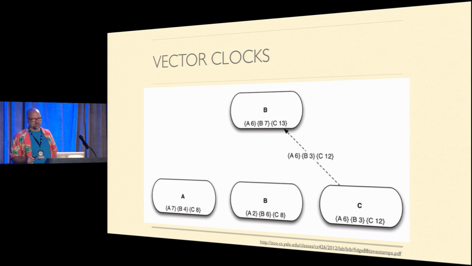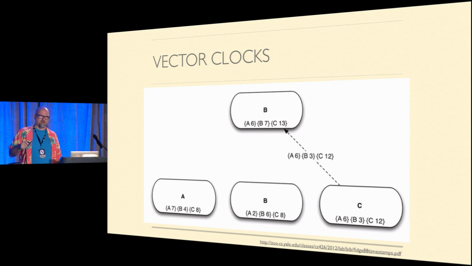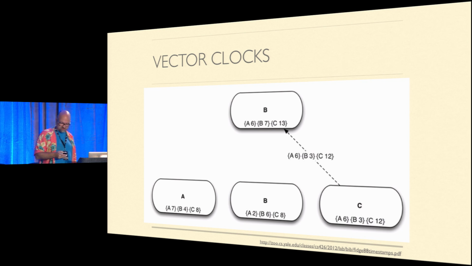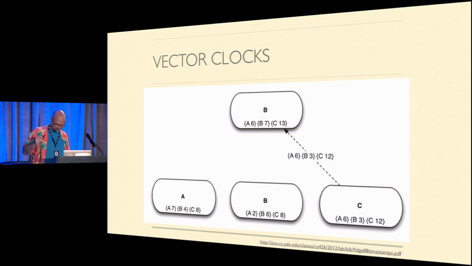So B can go ahead and advance that to 13. So now, say we're troubleshooting or trying to understand how the system arrived in this state, we have a much more comprehensive history, and we can do a better job of analyzing what the order of events across the system was, even if the physical timestamps themselves do not align.